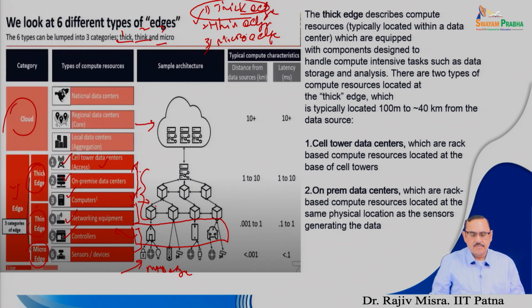The thick edge describes the compute resources typically located within the data center and equipped with the components designated to handle compute intensive tasks such as data storage and analysis. They are typically located 100 meters to 40 kilometers from the data source.